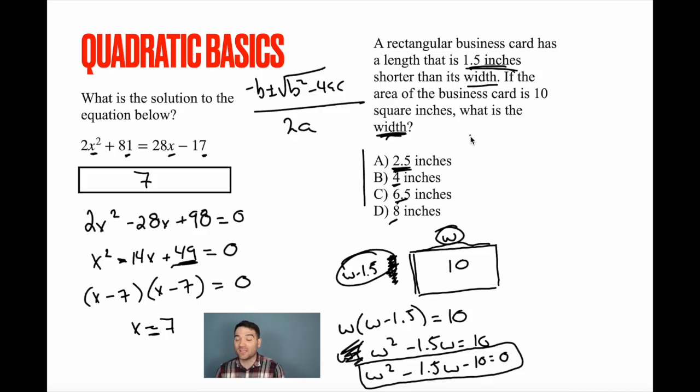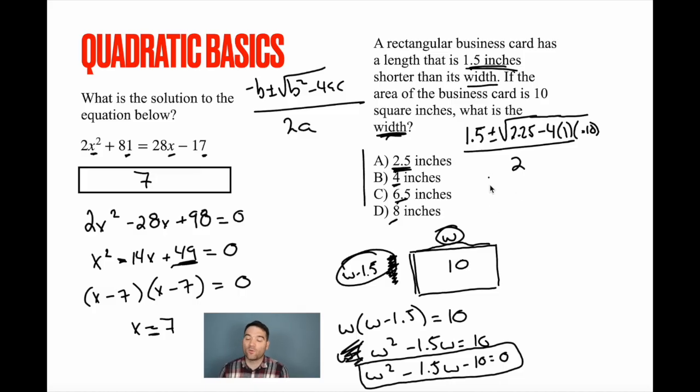So negative b is positive 1.5 plus or minus the square root of negative 1.5 squared, so 2.25, minus 4 times a, 1, times c, negative 10, all over 2 times 1, or 2a.